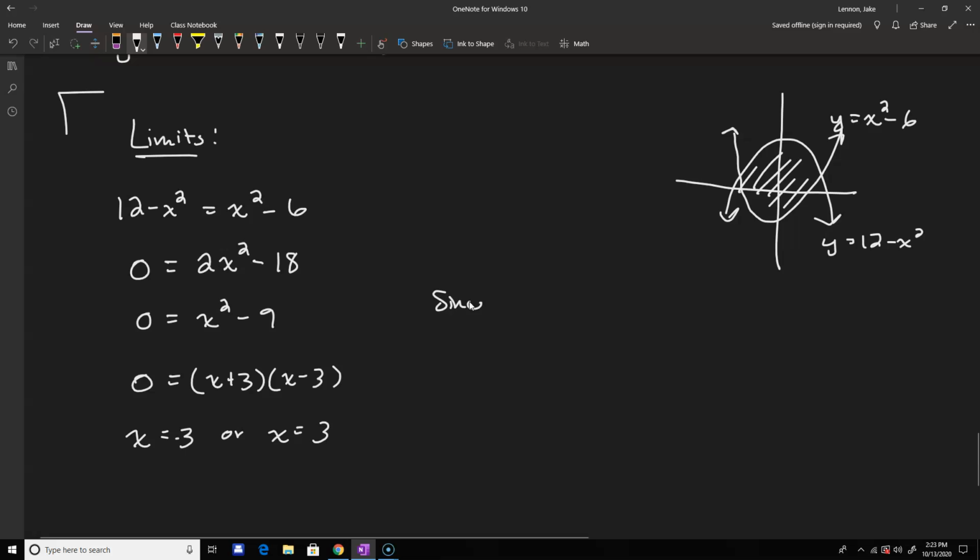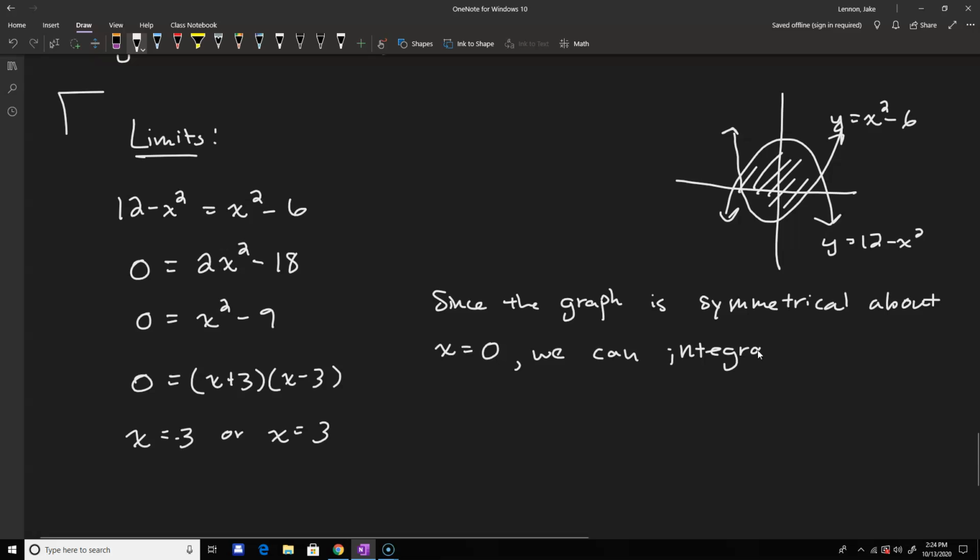Since the graph is symmetrical about the y-axis, x equals 0, we can integrate from x equals 0 to x equals 3 and double the result.